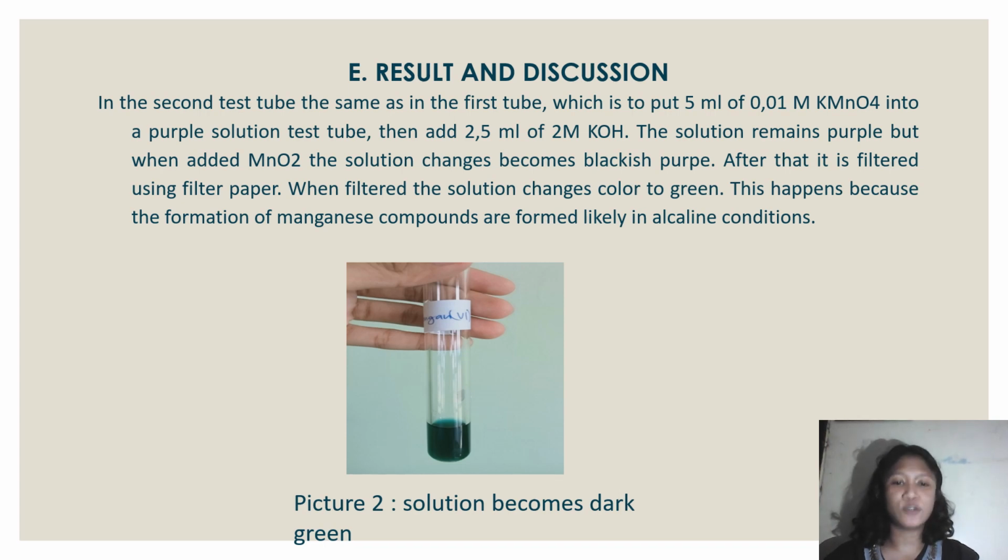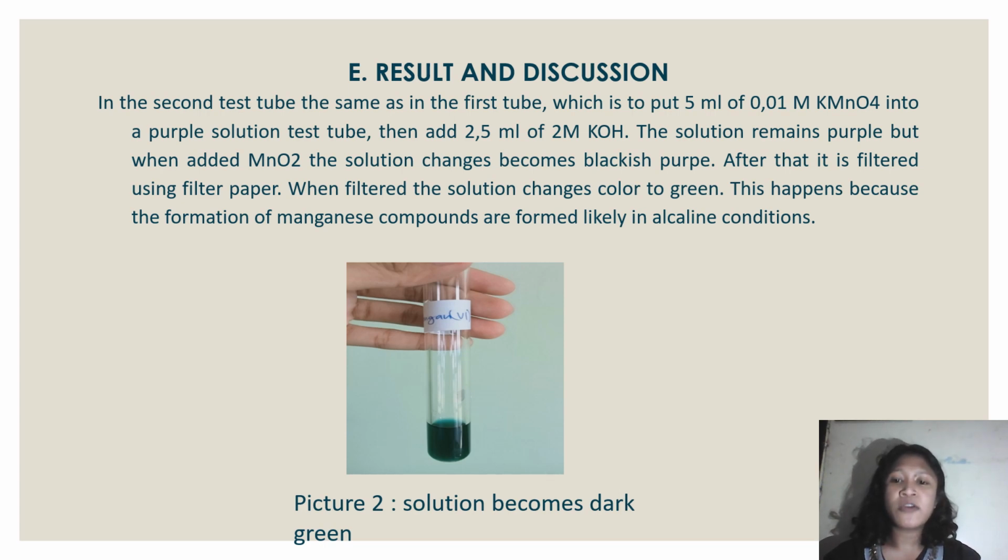In the second test tube, the same as in the first tube, put 5 ml of 0.01 M potassium permanganate into a test tube, giving a purple solution. Then add 2.5 ml of potassium hydroxide.